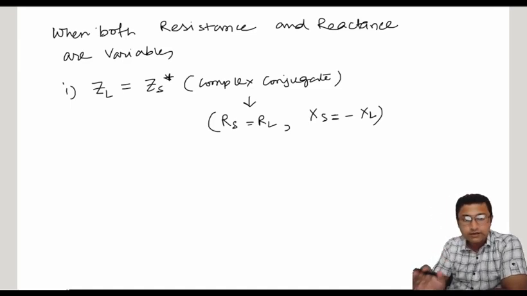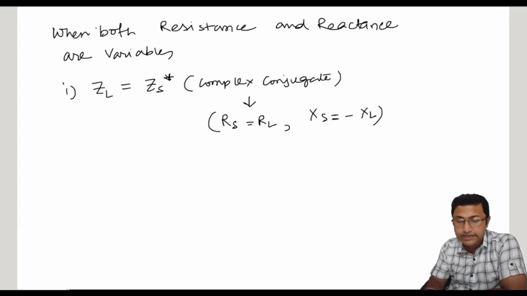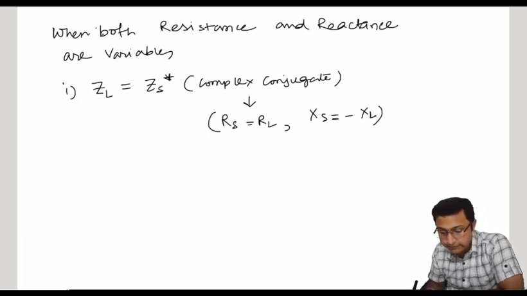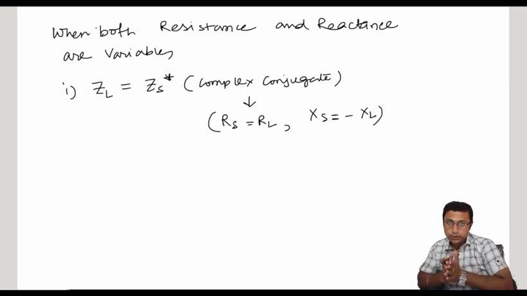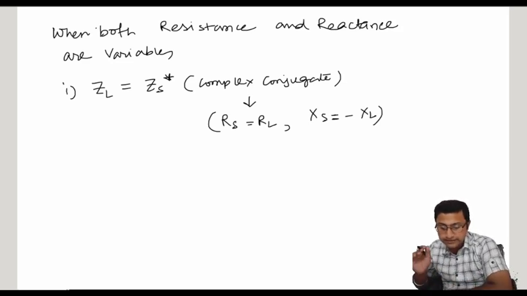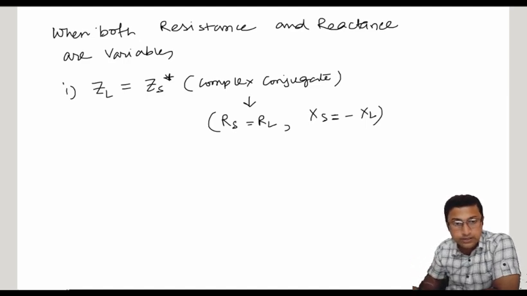So this is the main condition of the maximum power transfer theorem using an AC source. So what is the main statement? The power delivered by an active network to a load connected across the load terminals is maximum when the load impedance is the complex conjugate of the source impedance.